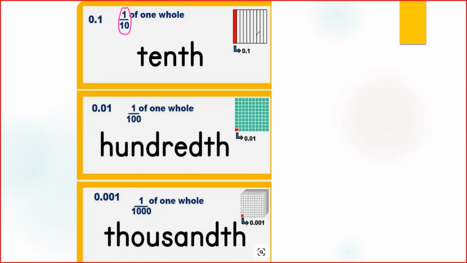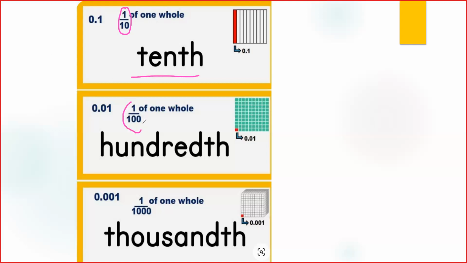If I have 100 squares and I shade one of them, I say hundredths. And if I have 1,000 squares and I shade one of them, I say thousandth, or 1/1000. So tenth is 1/10, hundredth is 1/100, and thousandth is 1/1000.